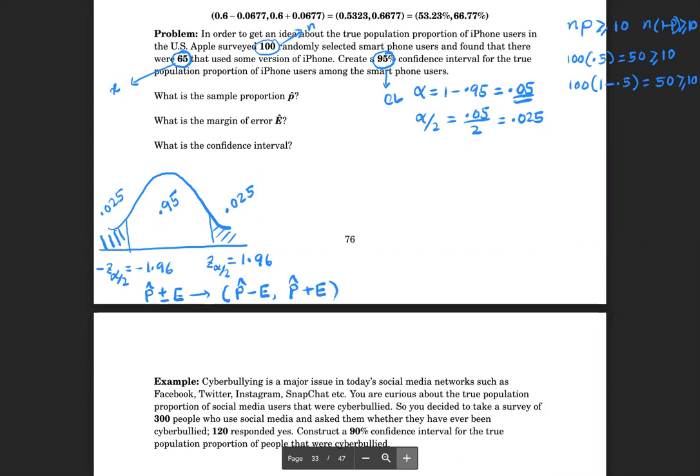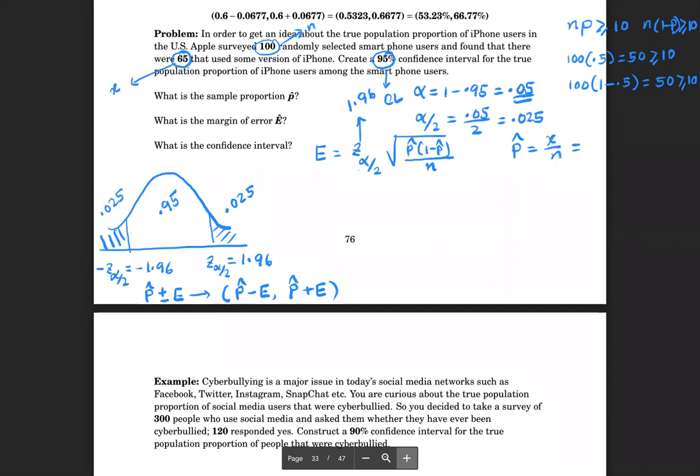Okay, now what is my e? Remember, the formula for e is z sub alpha over 2 times square root of p hat times 1 minus p hat, all of it divided by the sample size n. Okay, z sub alpha over 2, we found it, right? 1.96. P hat is equal to x over n, which you already have.